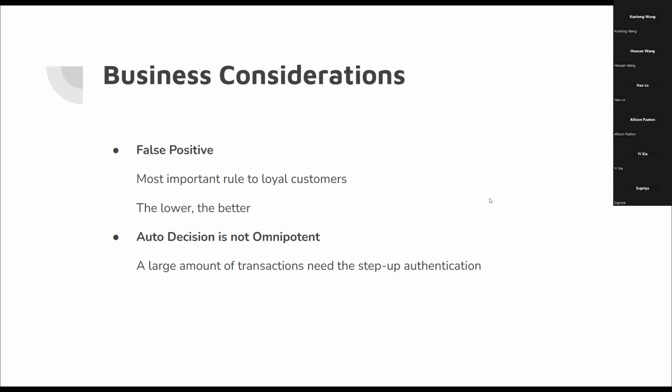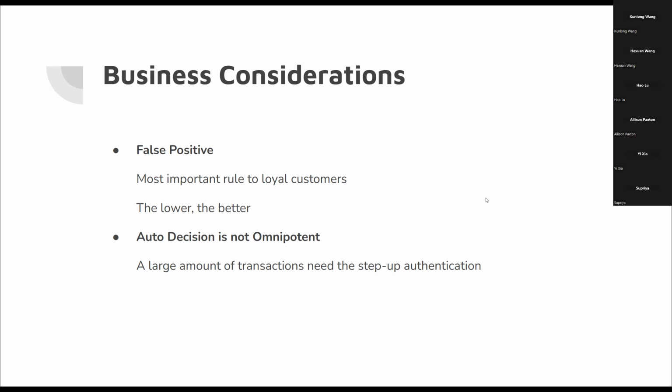Next is that auto decision is not omnipotent. When we decide whether a transaction will go through smoothly, there are usually three scenarios. The first is that the machine learning model tests and makes the transaction go through without any further requirements. The second is that the model rejects the transaction with our standards, like a low score or any rules that make the transaction fail.